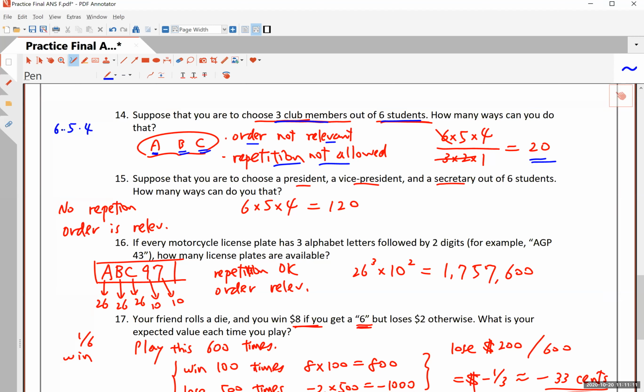So there are this many ways, which is 120 ways to choose 3 people in different orders, if the order were important. But remember the order is not important, and so ABC and BCA and ACB and CAB and all those permutations of these 3 people are counted once.